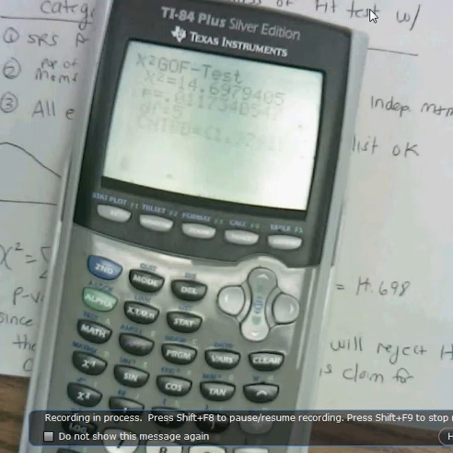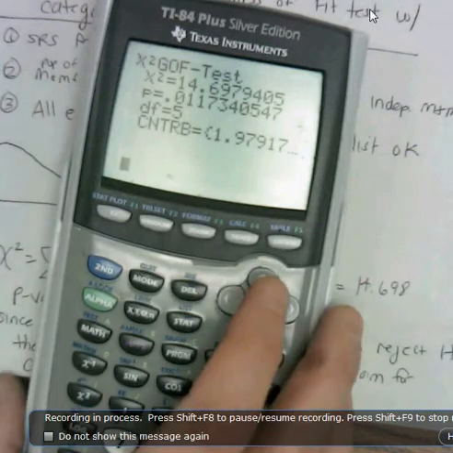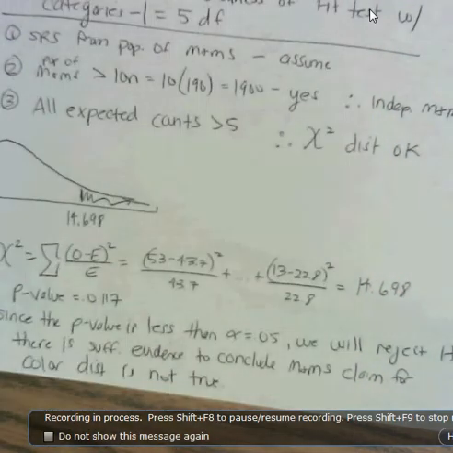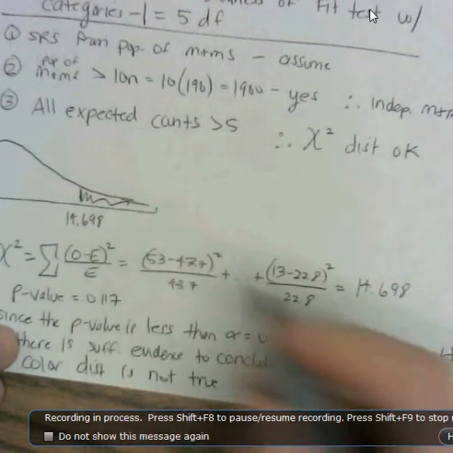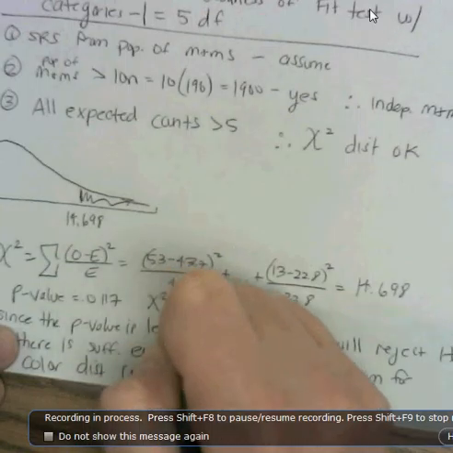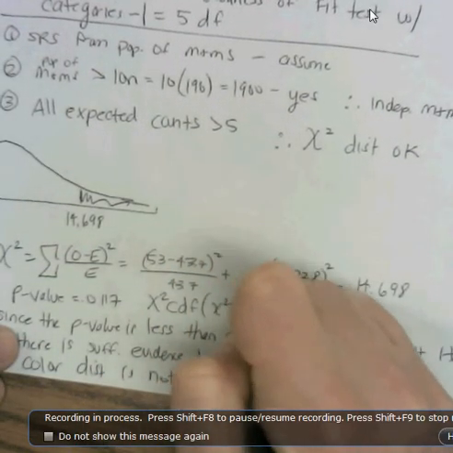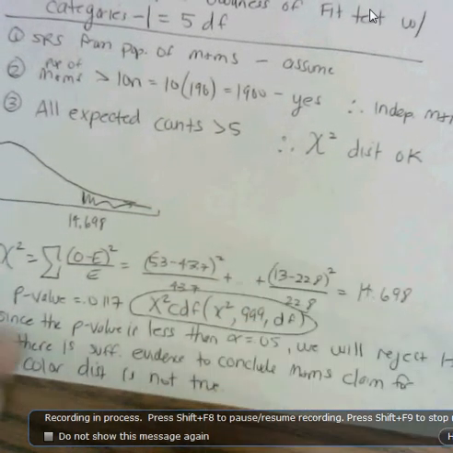If you hit calculate, it'll actually do everything for you. So there's your p-value. The rest of us are going to have to go through and do chi-square CDF, chi-square value, comma 999, comma degrees of freedom. That's how the rest of us do it.